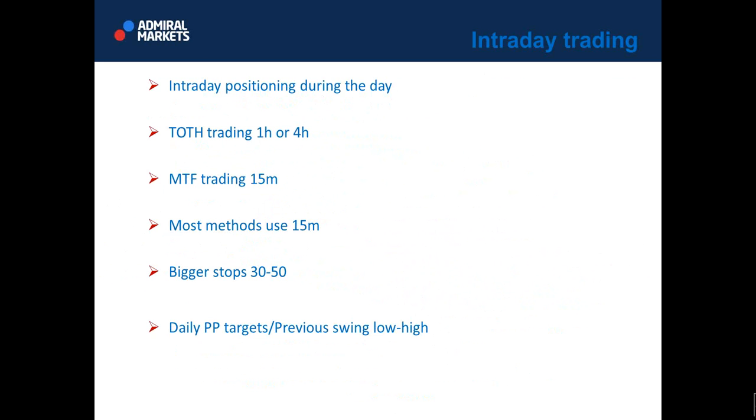Most intraday methods use 15-minute entries. Stops are also higher. Stops are 30 to 50 pips. And daily pivot point targets and previous swing lows and highs are targets for determining where we take profit.